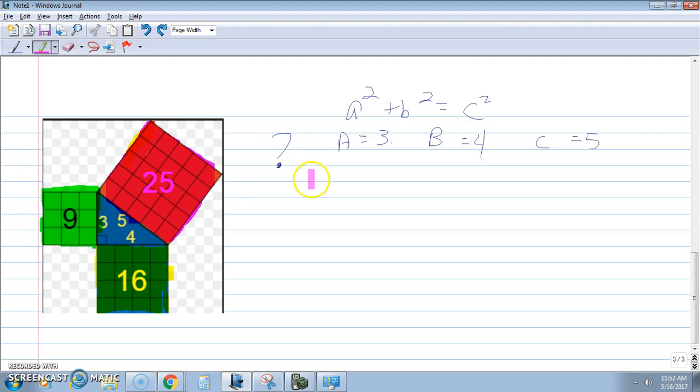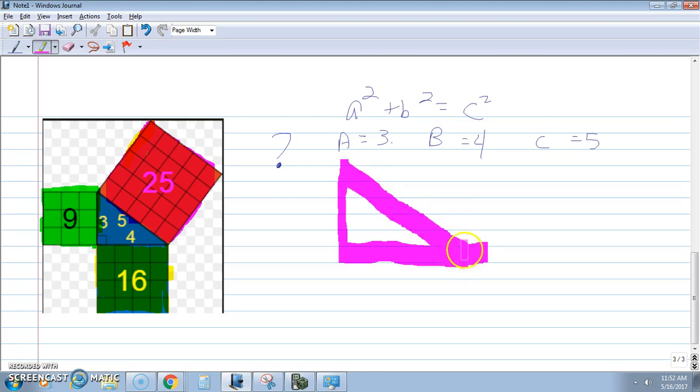In fact, the Egyptians didn't know what they were doing, but they used rope to make 90-degree angles. On one side of the rope, they would make 3 feet. On another side, they'd make 4 feet. I don't know if they were feet, but they were units. And they knew that if they made the other side 5 and made this triangle, they would always, always, always get a right angle.